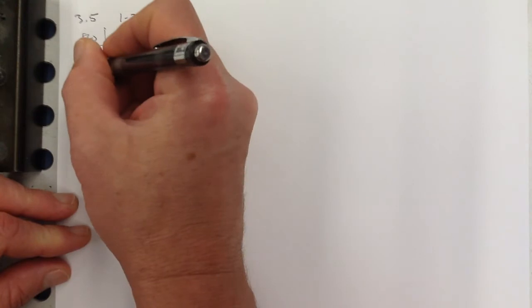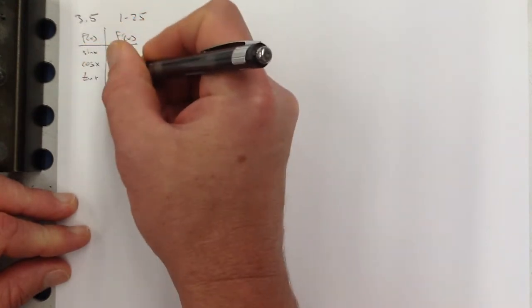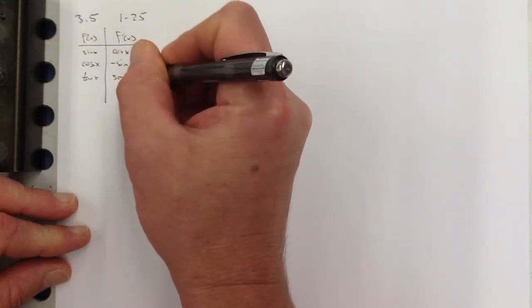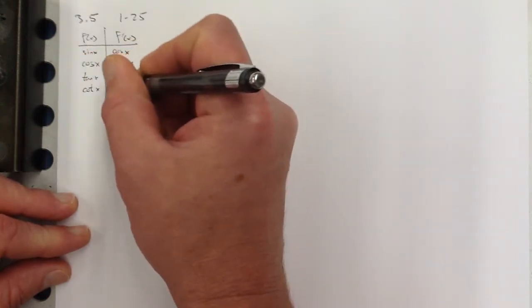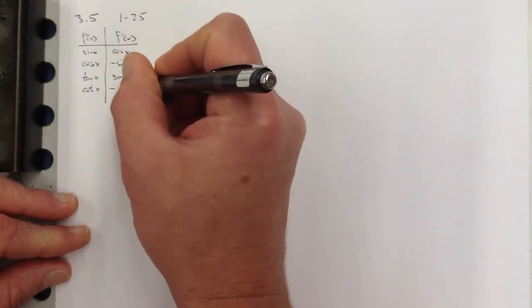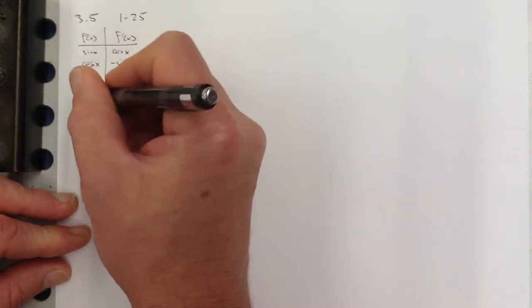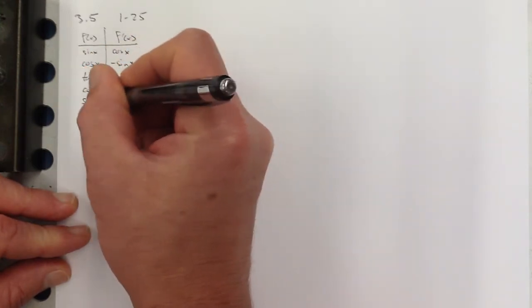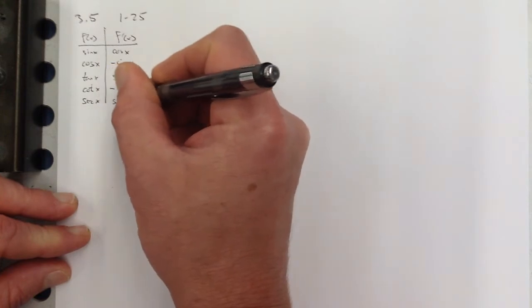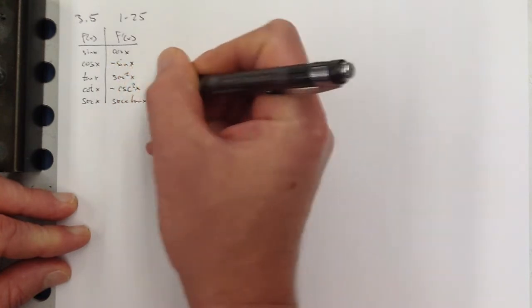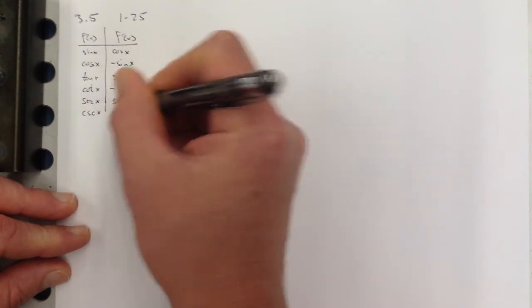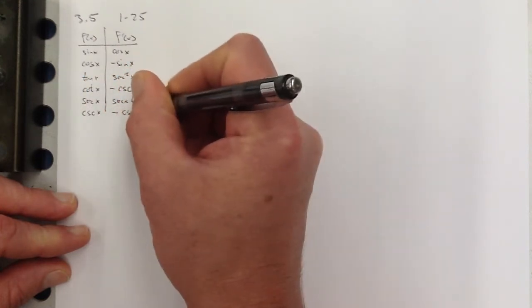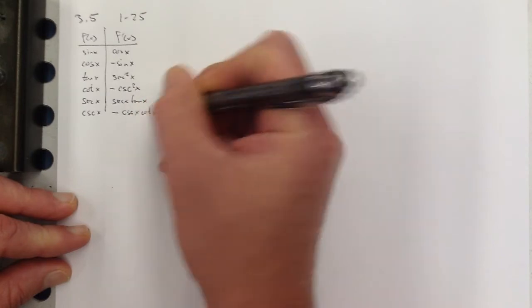And what else? Derivative of tangent is secant squared x, and then the derivative of cotangent x is negative cosecant squared x, and derivative of secant x is secant x tangent x, and the derivative of cosecant x is negative cosecant x cotangent x.